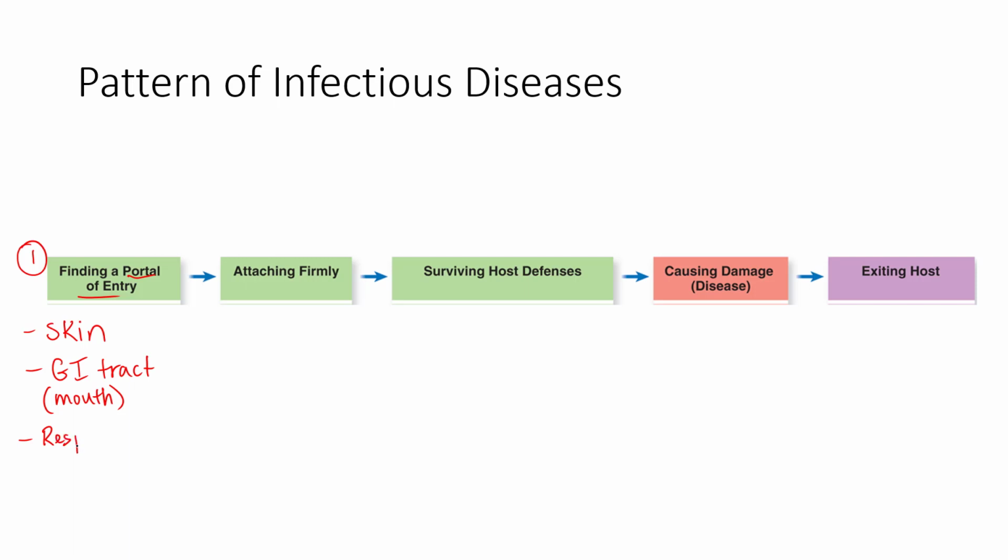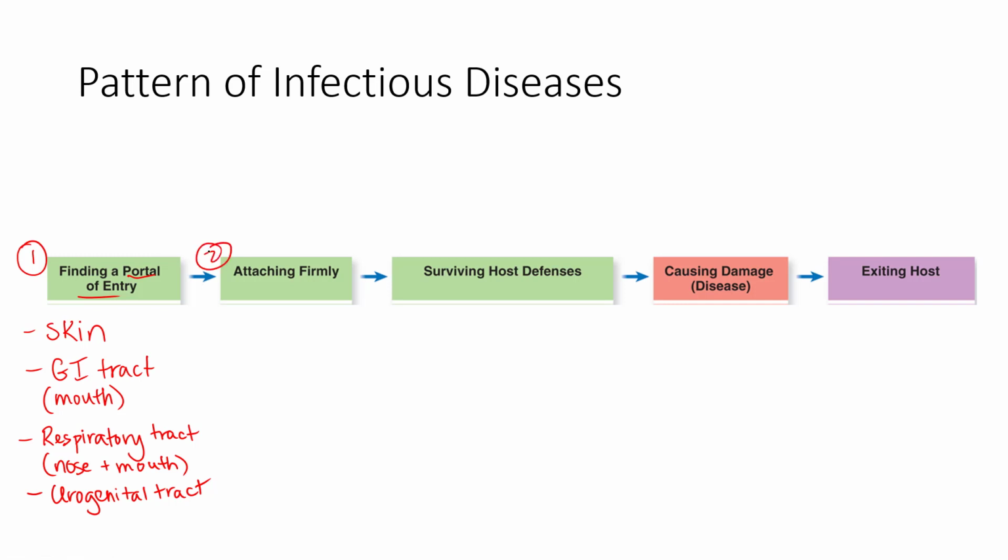The respiratory tract. So that includes the nose and the mouth. The urogenital tract. So the genitals, including the urethra as well.